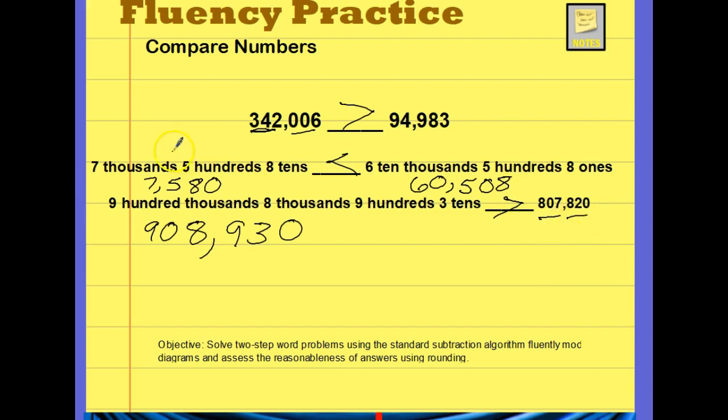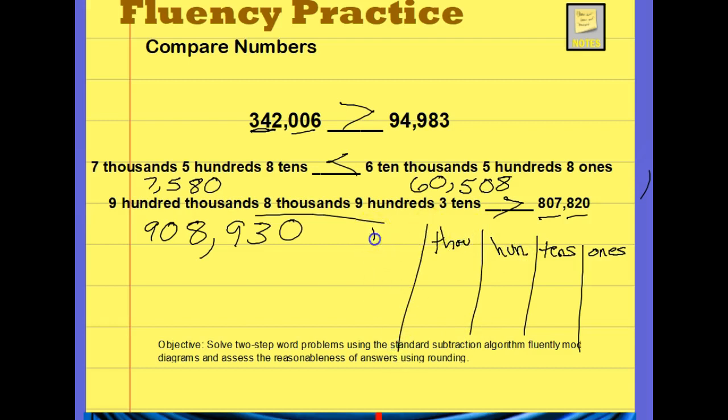So it's always important that we calculate and figure these out and write them down. And one of the things too that will help if you can't do it automatically the way that I just demonstrated it is to go ahead and do a place value chart. Just use the one on your whiteboard. So you just plug in, okay, that's 7 in the thousands, 5 in the hundreds, 8 in the tens.